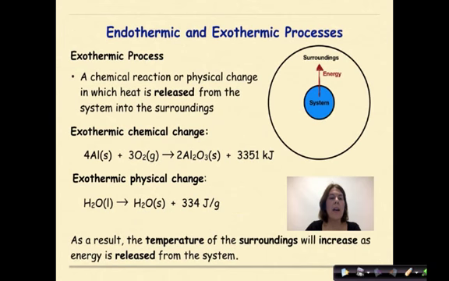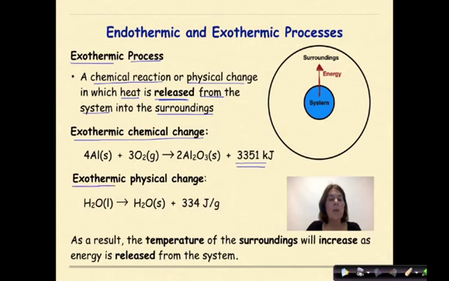Now let's look at an exothermic process. This can be a chemical reaction or physical change in which heat is released from the system into the surroundings. So an example of an exothermic chemical change could be aluminum reacting with oxygen to form aluminum oxide and an amount of energy. In this case, 3,351 kilojoules per every 2 moles of aluminum oxide.